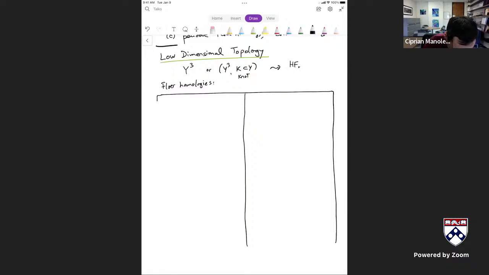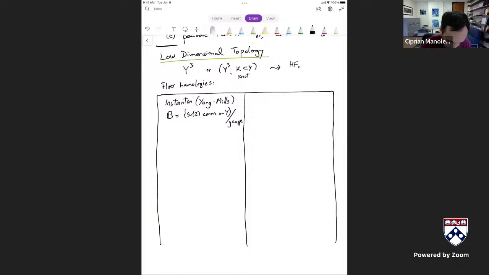Okay, maybe I won't put the bottom line because I don't know where it will end up. The first one was again constructed by Floer. It's the instanton theory. It's based on the Yang-Mills equations. And there we have the 3-manifold Y, and the space B, the Banach manifold, is made of SU(2) connections on a vector bundle over Y, modulo gauge.